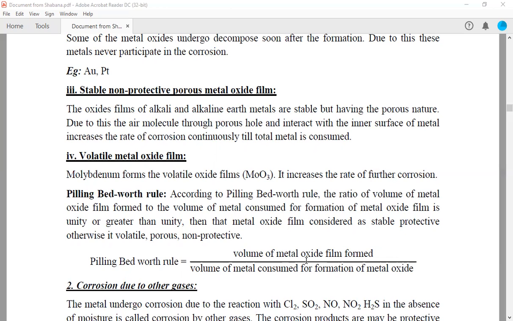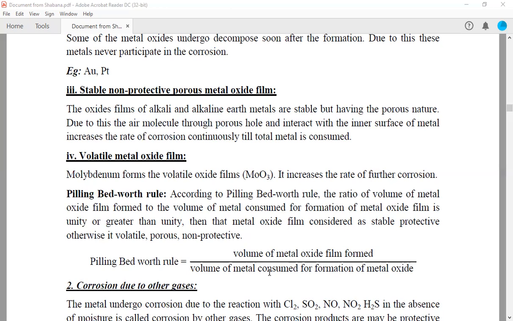If the volume of metal oxide is less than the volume of the metal, the oxide layer is porous, non-continuous, and non-protective, and faces strains. Hence, cracks and pores develop in the layer, creating access for atmospheric oxygen to reach the underlying metal.